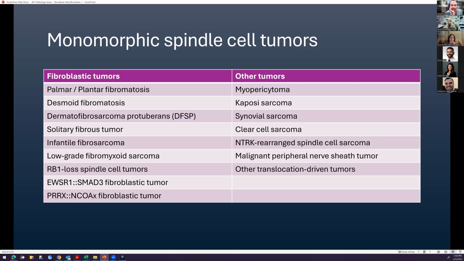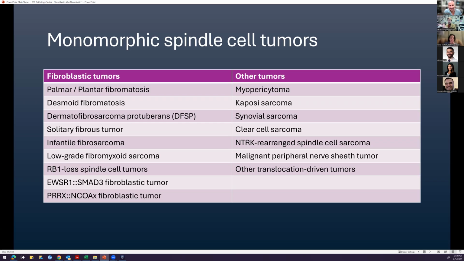These things are often monomorphic. But when you think about monomorphic spindle cell tumors, you're often thinking about translocation-driven tumors very commonly. So things like DFSP, SFT, infantile fibrosarcoma, low-grade fibromyxoid sarcomas, and other fibroblastic tumors which we're not talking about, even though Ahmed's very familiar with one of them.